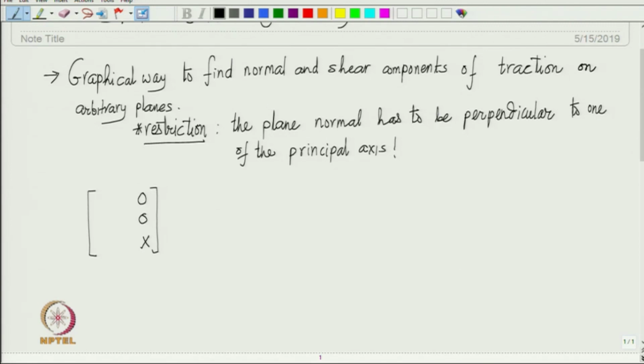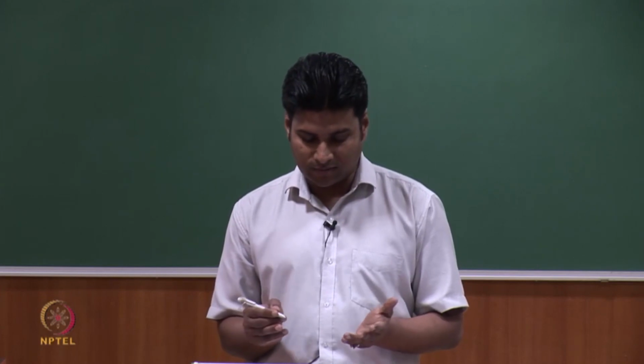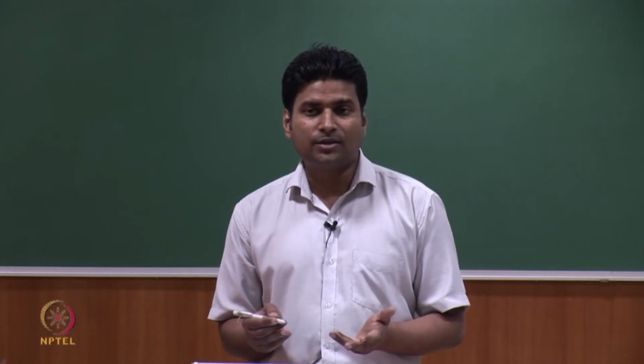And then from the symmetry we would know that these two are also 0, while the other components could be non-zero. So, this is the kind of stress matrix that we are looking for, because the third axis is the principal axis. And what about the direction?